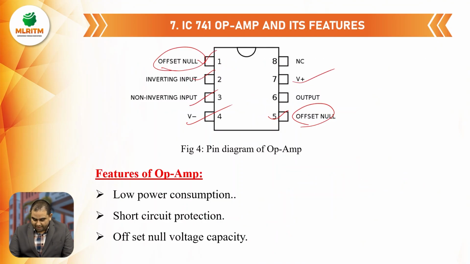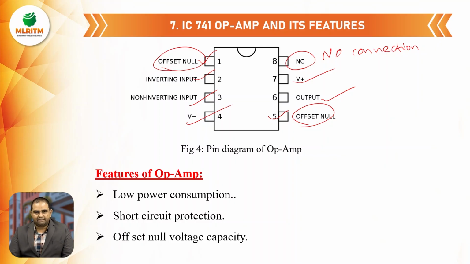So we have covered almost all the pins, but if you observe, we are left with one more pin, called the no connection pin, which we simply write as NC. NC means no connection. We are not going to connect any component or element to this particular pin. We may get a doubt: why is pin number 8 there?